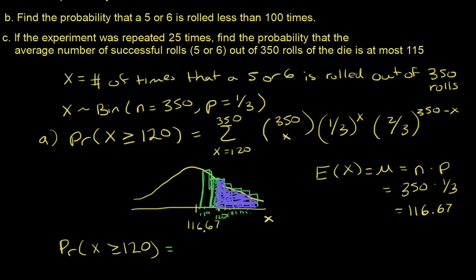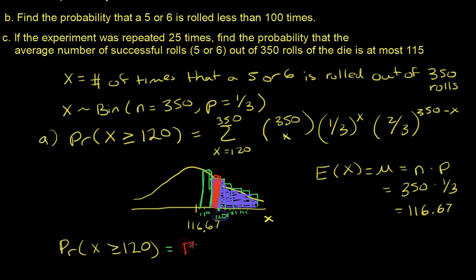Now I want greater than or equal to 120, so I should go all the way over on this block to halfway between 120 and 119. That going halfway over is called the continuity correction.